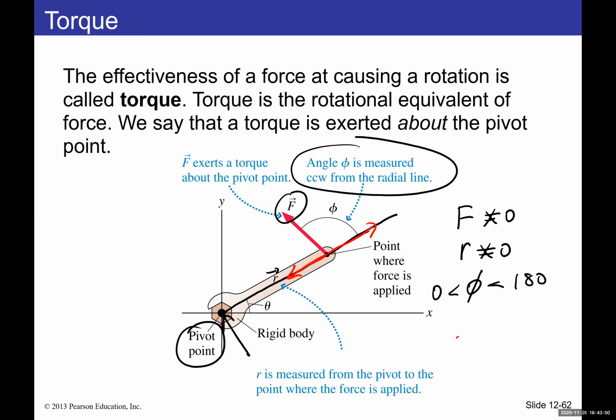That means the effectiveness of a force at causing rotation is called torque, and torque is the rotational equivalent of force. These are some of the requirements for the torque to be effective. There has to be a force, acting at some distance r, such that r is non-zero. And when you look at the orientation of the force relative to that radial line, it's not along that radial line.